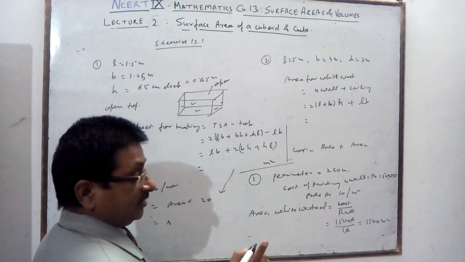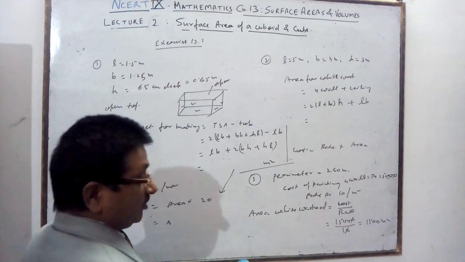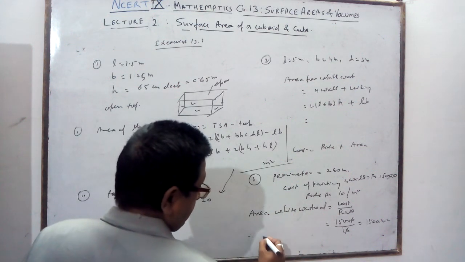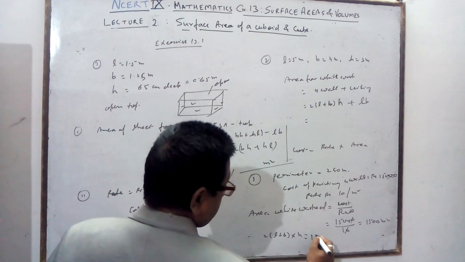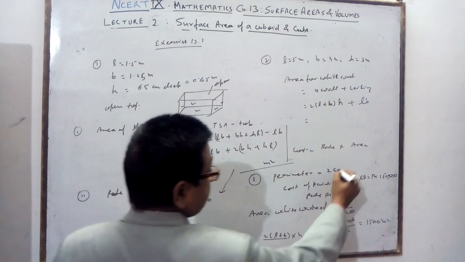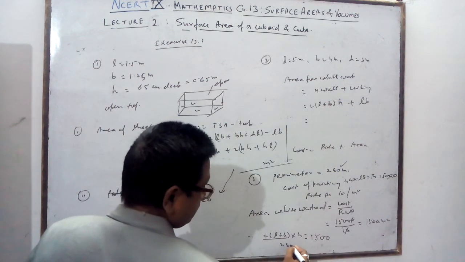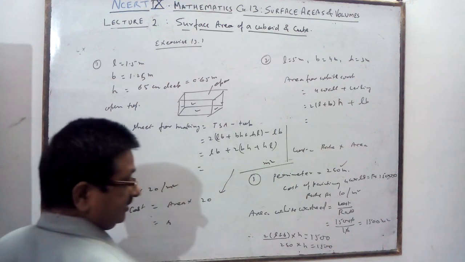You want to find the height of the wall, as the question says. 2(L plus B) into H is equal to 1500. Perimeter 2(L plus B) is given as 250, so 250 into H is equal to 1500.